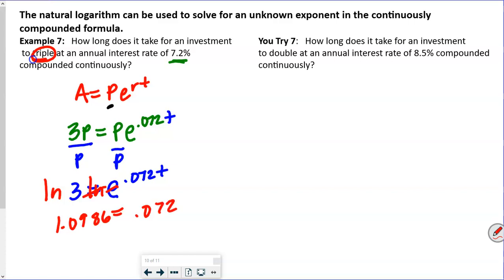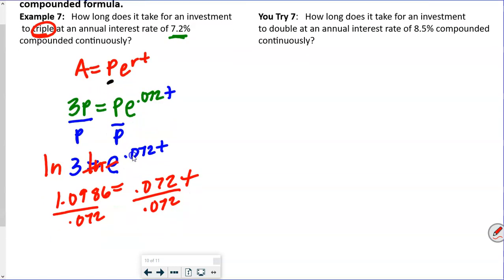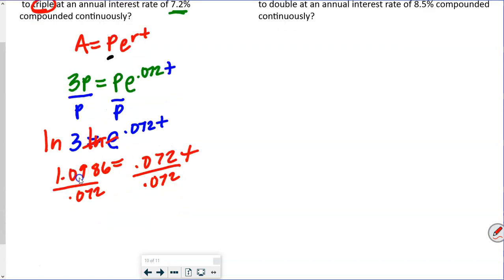0.072 T. So then what would we do? We would divide both sides by 0.072, right? So now this is going to tell us how long it takes us to get the money to triple, okay? So when we divide this 1.0986 by 0.072, I got 15.26.